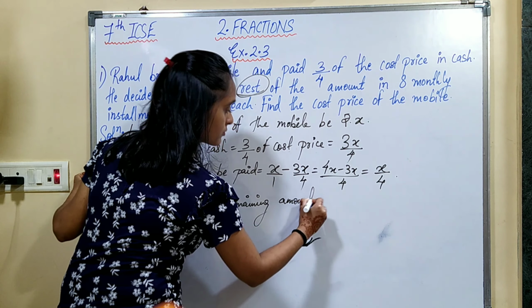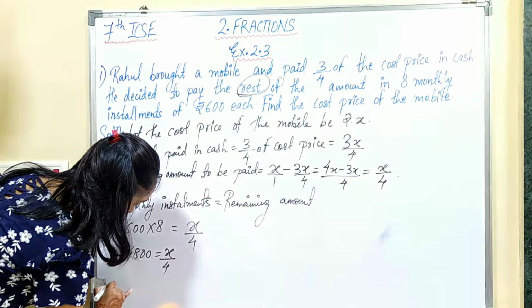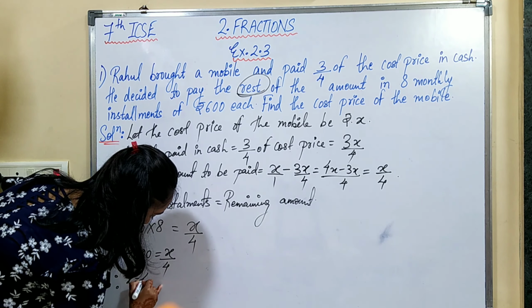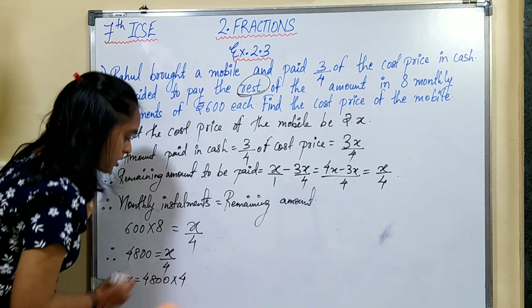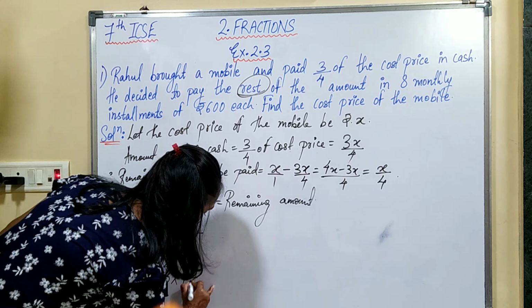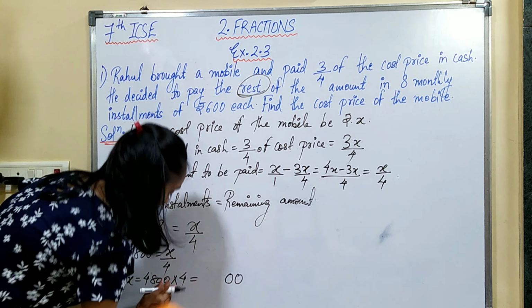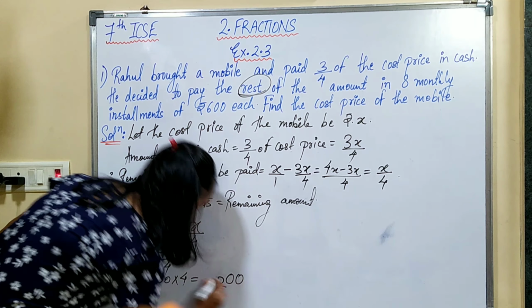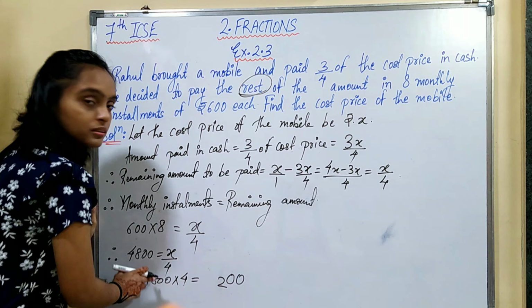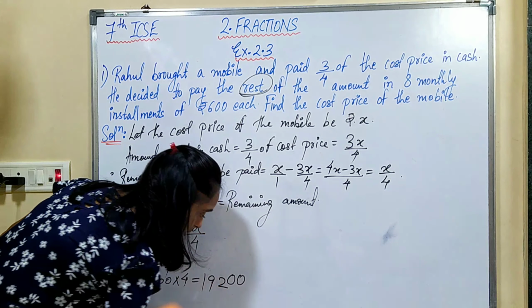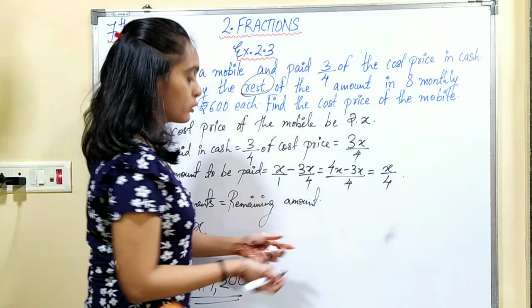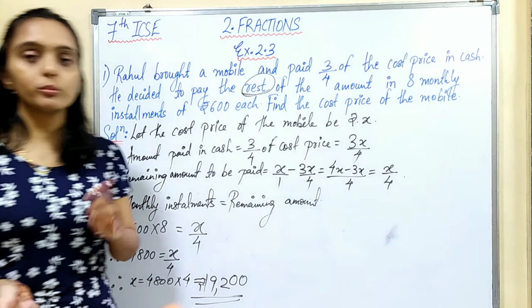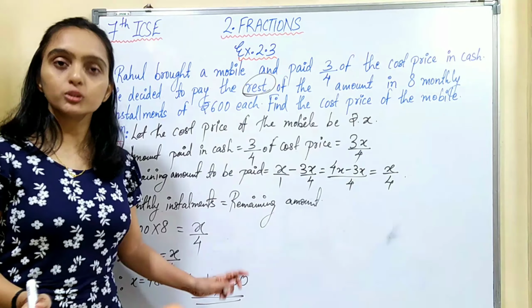So here 4 is in the denominator. It will go here and get multiplied with this number. So therefore x equals 4800 multiplied by 4. So 2 zeros are already there. 4 8s are 32, carry 3. 4 4s are 16, plus 3 is 19. So it will become 19,200. Therefore you will conclude here that the cost price of the mobile phone was rupees 19,200.